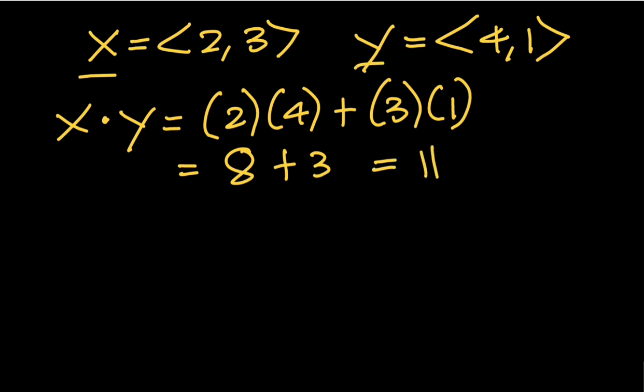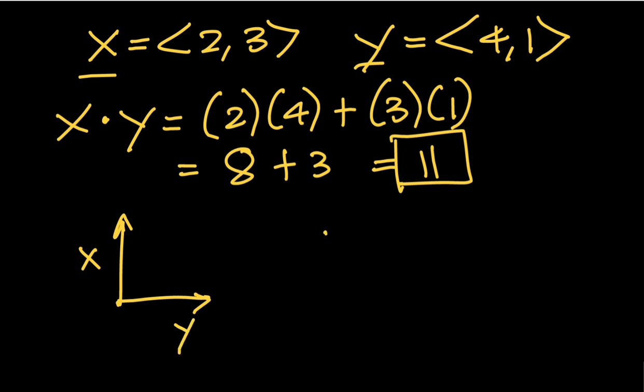Therefore, the dot product of vectors x and y here is equal to 11. Also, if vector x is perpendicular to vector y, let me draw that. Let's say this is vector x and this is vector y, and they are perpendicular, then the dot product of vectors x and y is equal to 0.